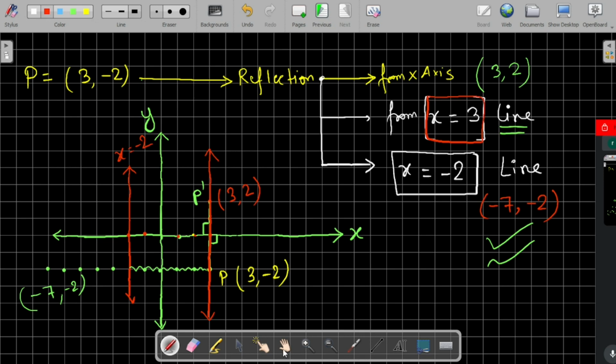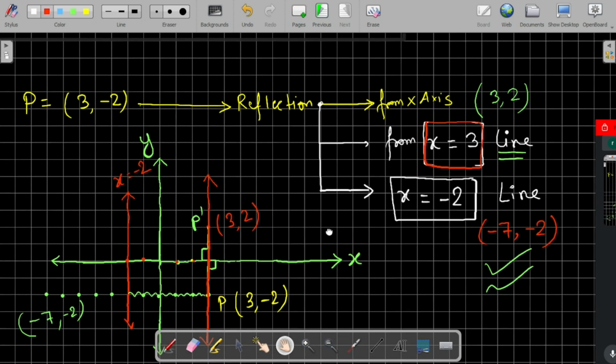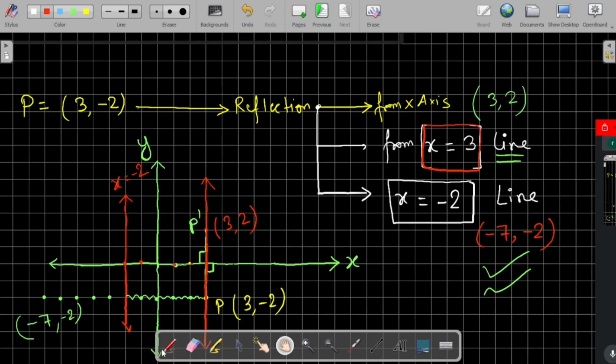Is it okay? Now, see, is there any conclusion we can draw from this discussion? If you want to take reflection from the x-axis, can we conclude some observation? Yes, the first observation is the x coordinate will not change.